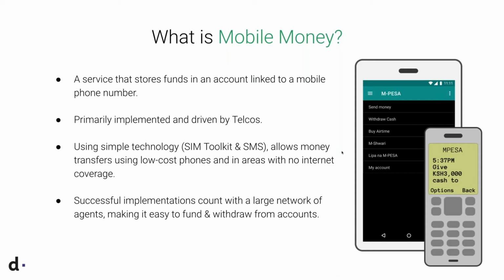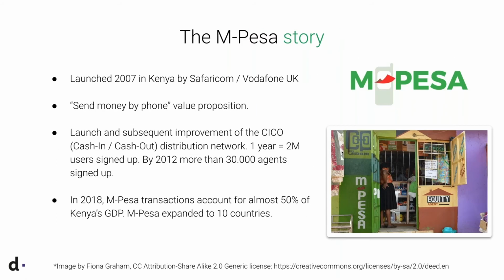Of course, generating this large network of agents required a very large upfront investment, but given the market conditions, this was done very effectively in Africa and allowed this technology to eventually become viral and expand, and has nowadays reached a very significant volume and market penetration.